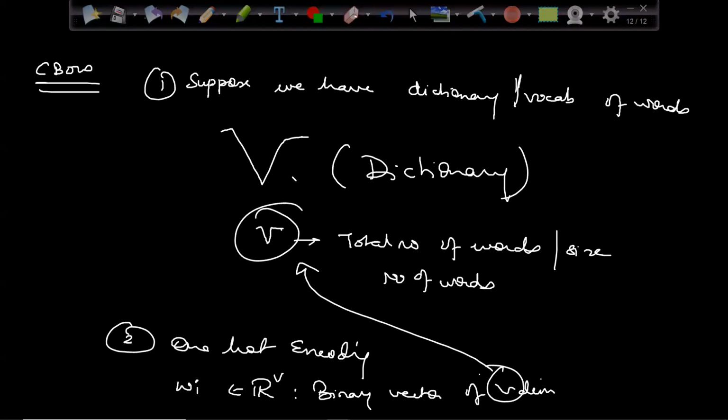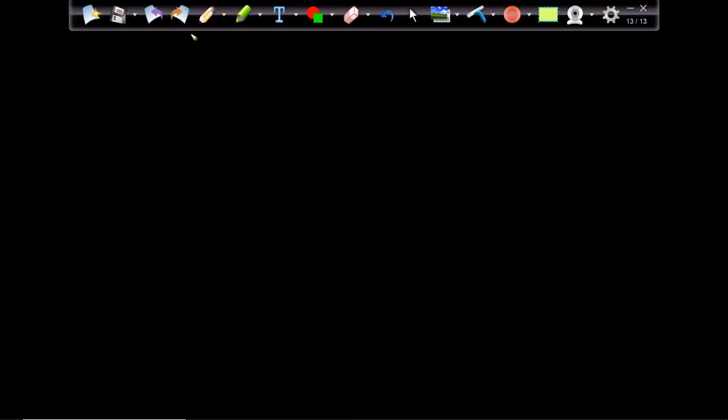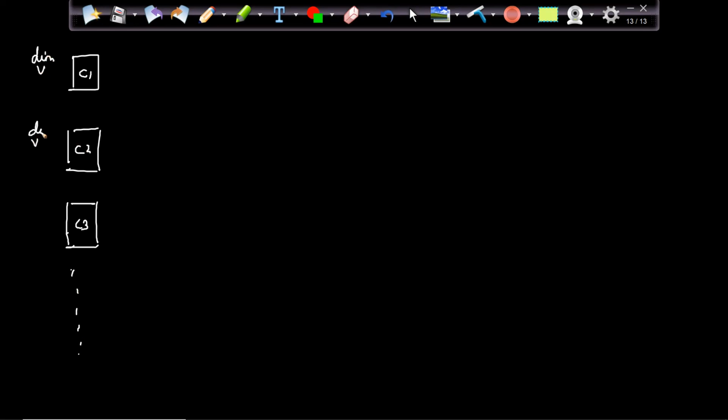Now once this is done, my task is that using the context words, let's say I have context word number 1, context word number 2, context word number 3, and so on. These are my v dimension word vectors.